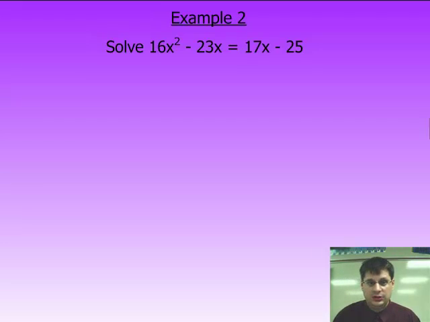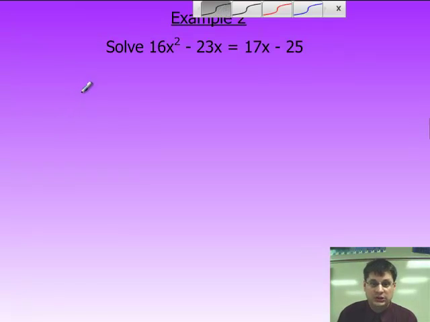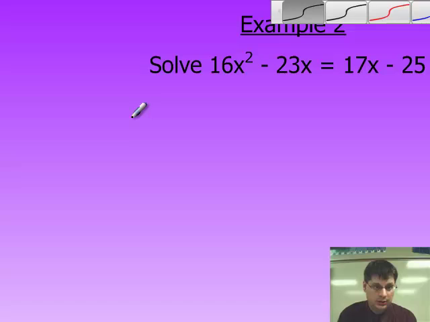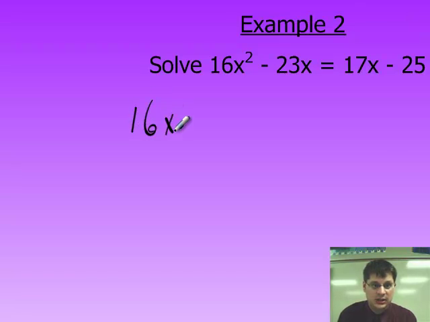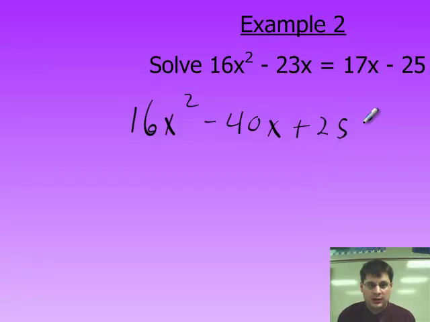So let's solve another one using the quadratic formula. We'll set this one equal to 0. I'll have 16x squared, and I'll have to subtract 17 from both sides here. So that's going to be minus 40x, and then plus 25 equals 0.